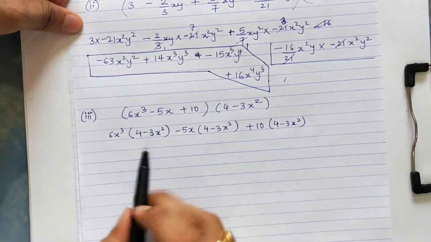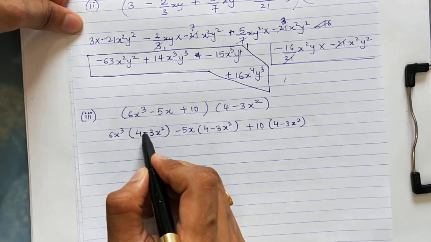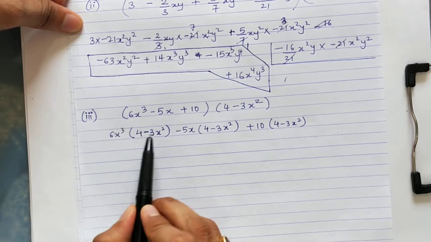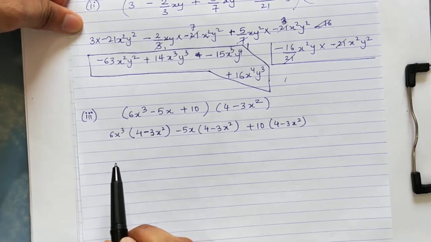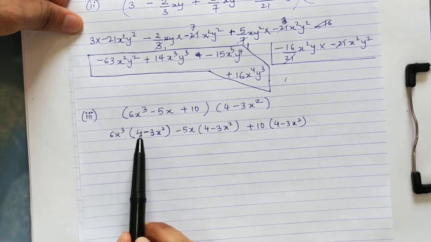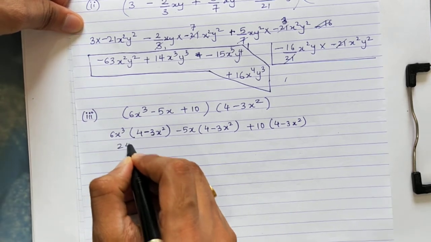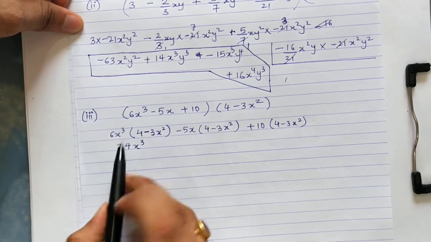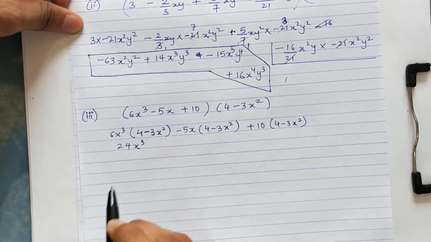Let's open the bracket. Remember, there is a minus sign here. This term will get multiplied with 4, and this term will get multiplied with 3x square also. So carefully, 6 into 4, 24x cube, correct? 6x cube into 4, 24x cube.